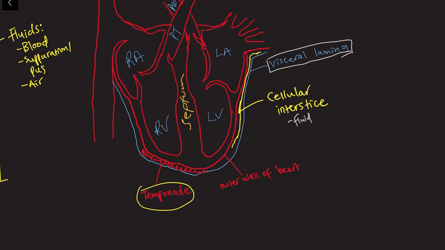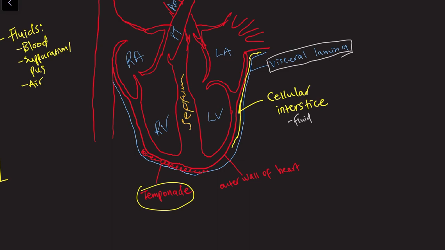Now, when you talk about the heart, there is a space between the heart and the visceral lamina, right? And that space is a potential space, and it's a very important space.